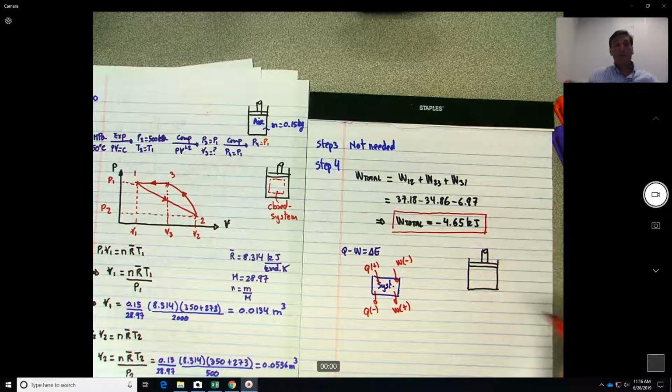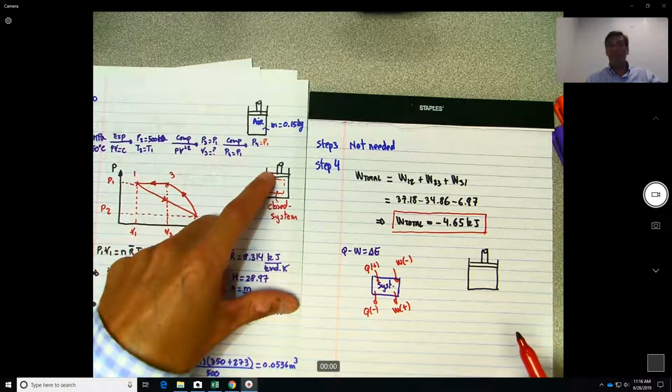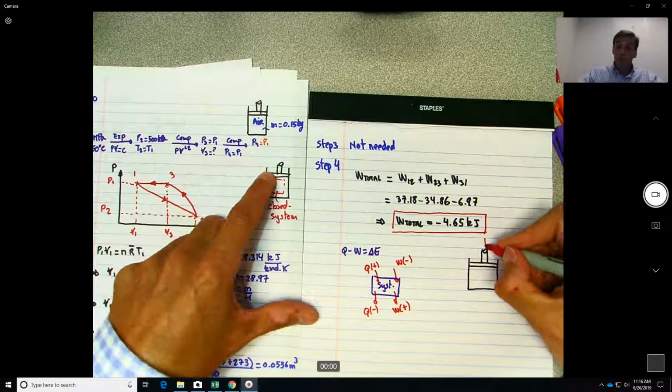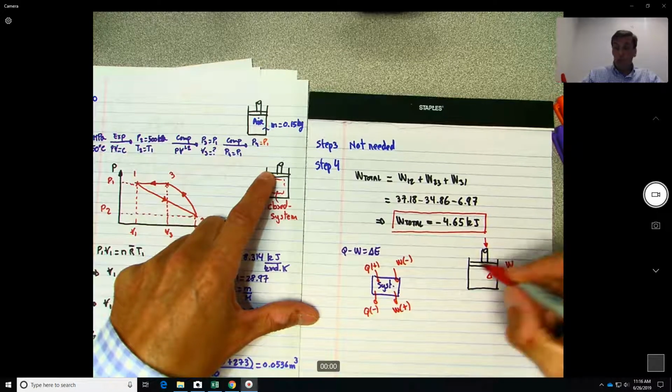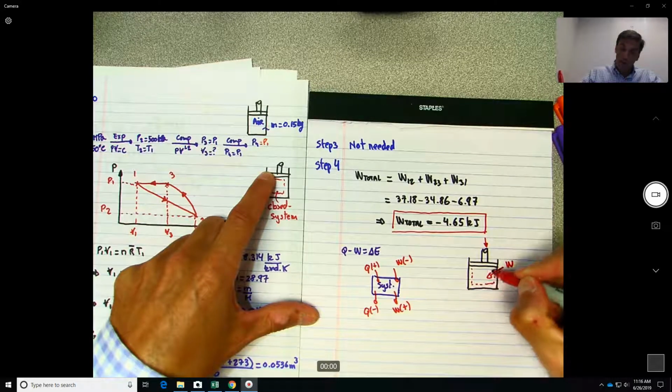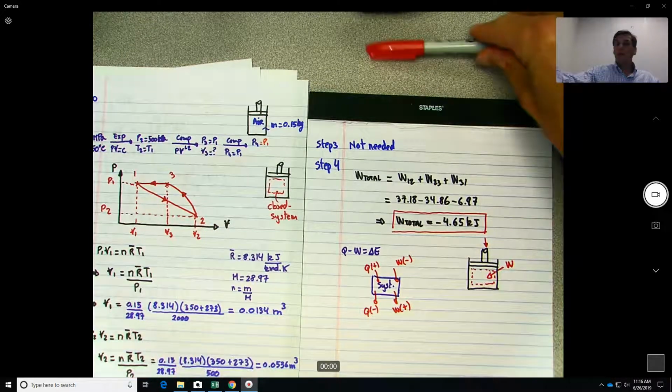So what does that mean? Which makes sense. If you have air and you want to compress it, what do you need to do? You need to go and push, no? So basically you need to put work into this closed system over here. All right, thank you.